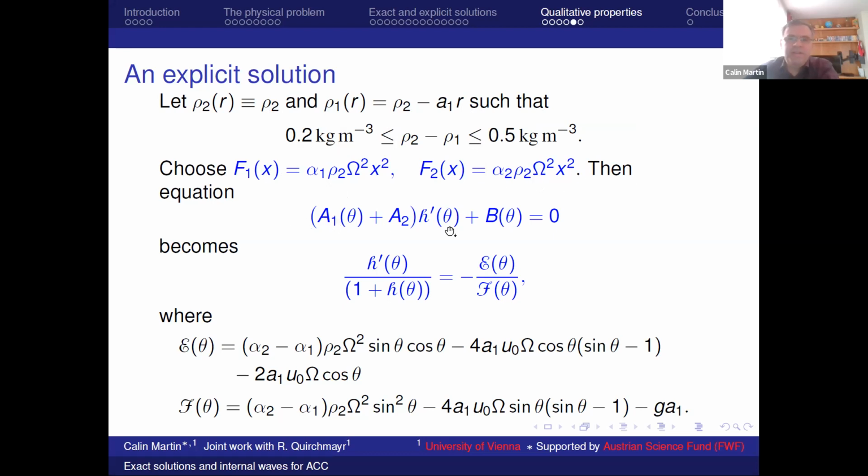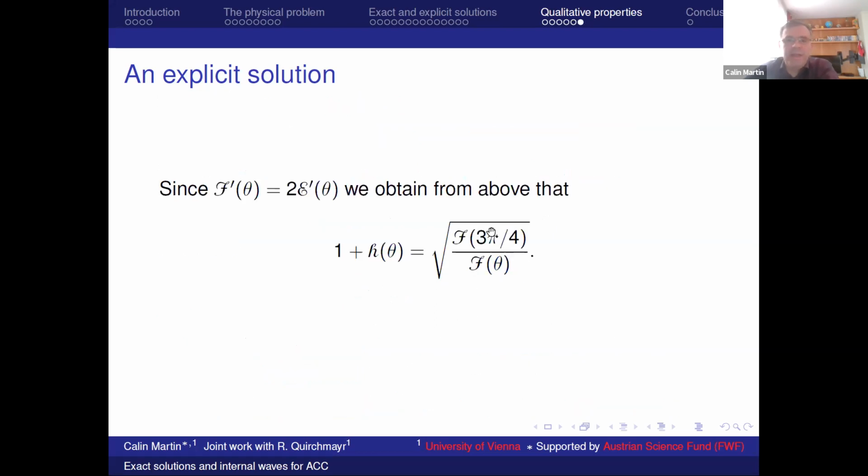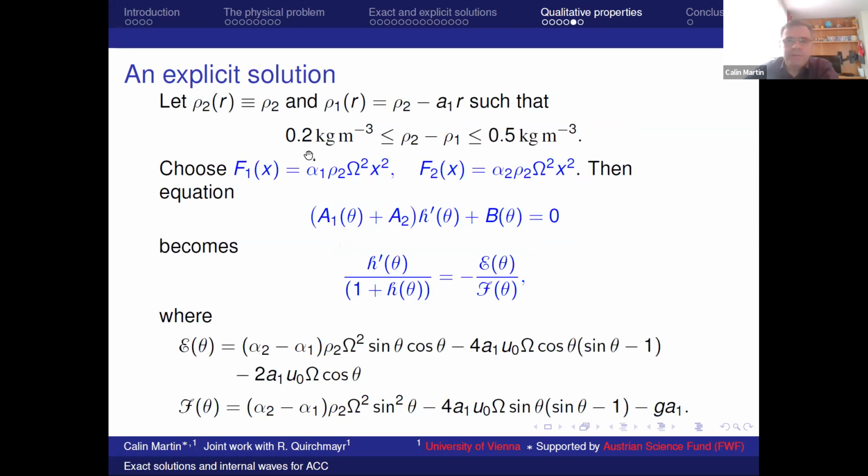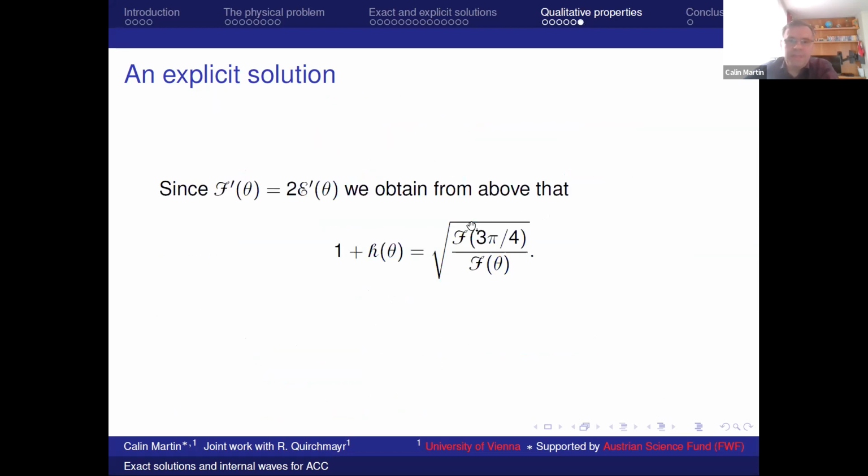And then it turns out that the derivative of the equation that defines the interface becomes this one, and this previous one can be written like this. So it can be integrated, because these terms are combinations of sines and cosines, and we obtain the formula for the free surface, the non-dimensionalized interface, which is given explicitly here. So for these two realistic densities.